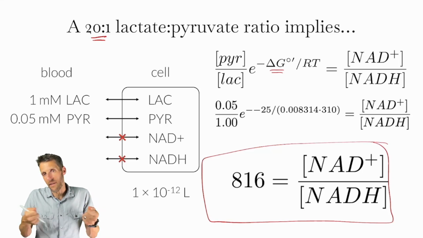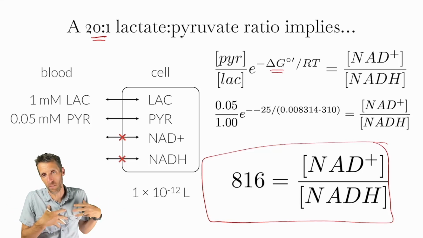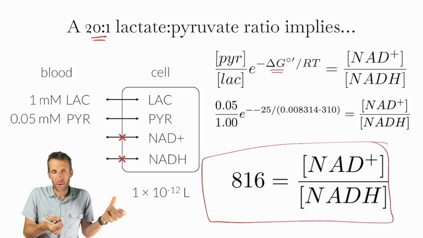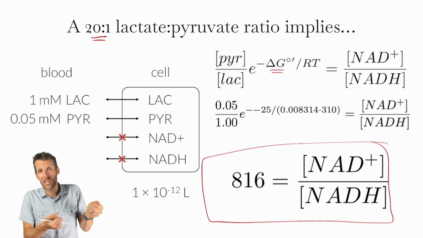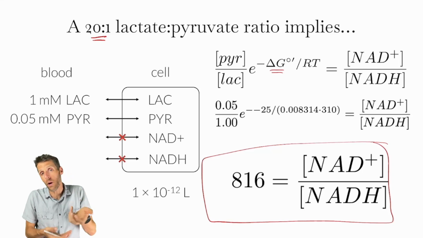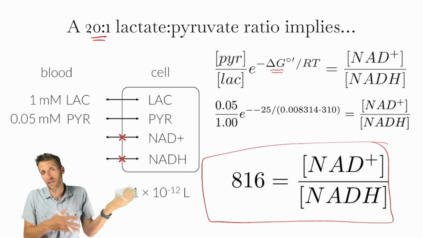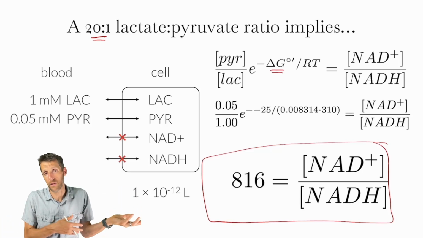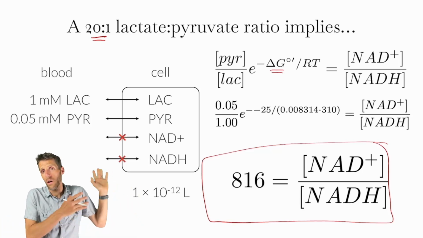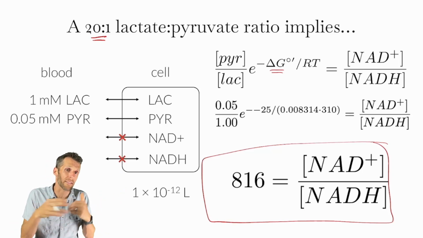So if in fact lactate and pyruvate can exchange across the bilayer, which they can, and if they are in this massive excess in the bloodstream relative to each cell, which they are, what this is saying is they will tend to drive the NAD plus to NADH ratio in the cell to be what our cells wanted anyway. The cells can basically outsource by doing fermentation and dumping lactate and pyruvate into the bloodstream. Cells can say, cool, all the cells are collaborating together to set this ratio of 10-to-1 lactate to pyruvate.